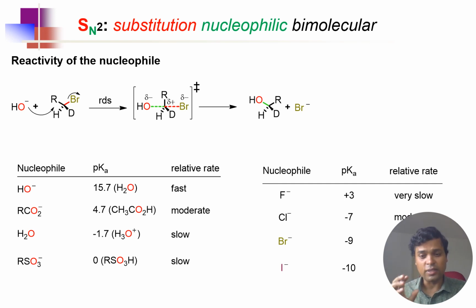The electronegativity of the fluoride is very high, it is the most electronegative element, and it will not wish to donate the electron. So therefore the nucleophilicity is very poor. In the case of iodide, it is the least electronegative halide, so it can easily donate its electron. Okay, I hope you understood that part.